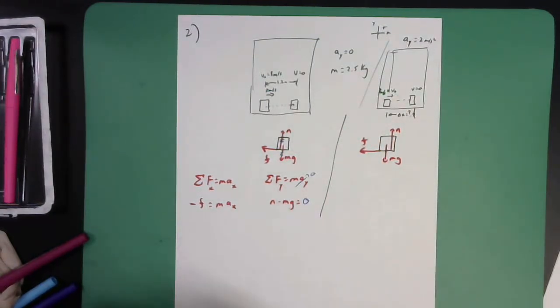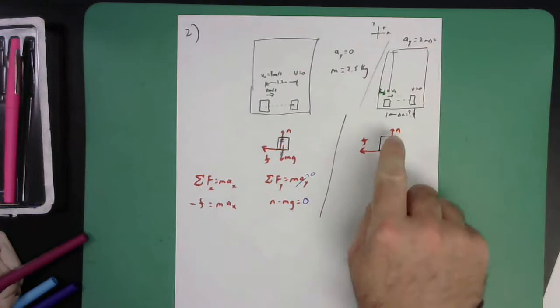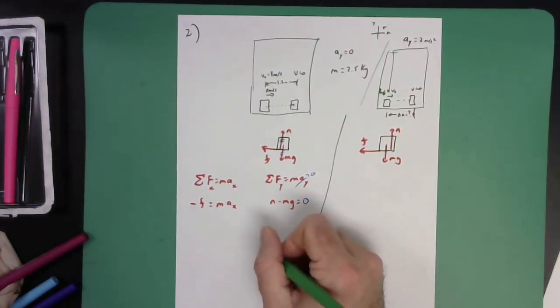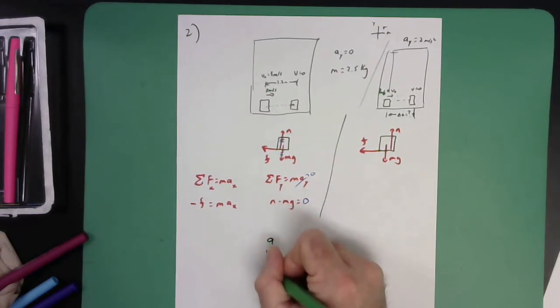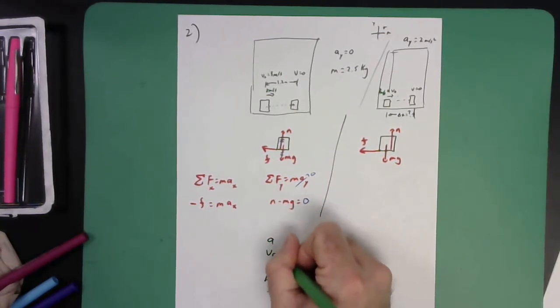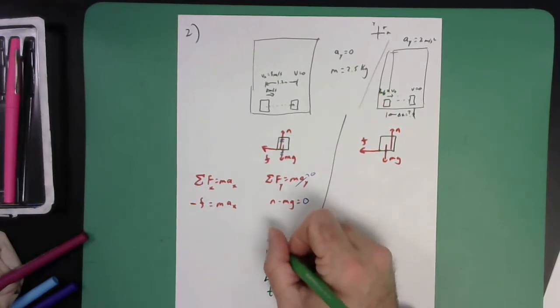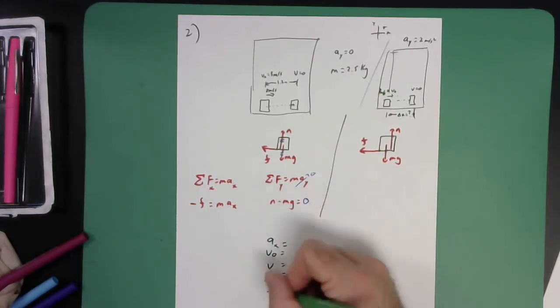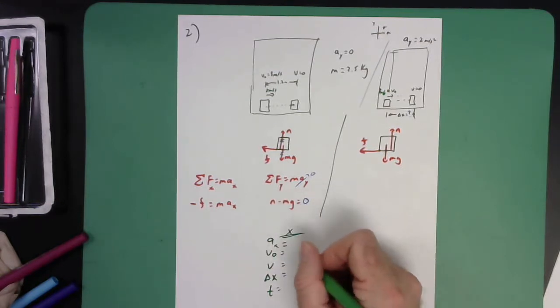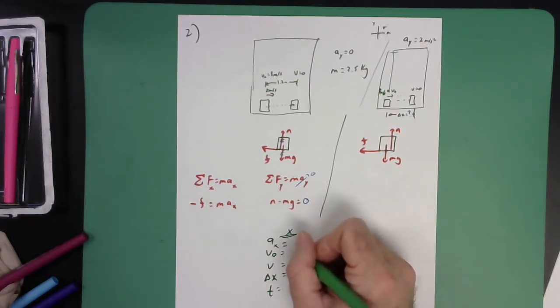Okay, so you say, well, gosh, I am trying to do a kinematics problem here and find that displacement, right? The kinematics problem goes like this. Let me just write it out: a, v naught, v, delta x, t. This is usually how I set up my kinematics problems. The acceleration in the horizontal direction here we're dealing with, and these are all horizontal values. You would say acceleration x, I don't know. My initial velocity is 3 meters per second.